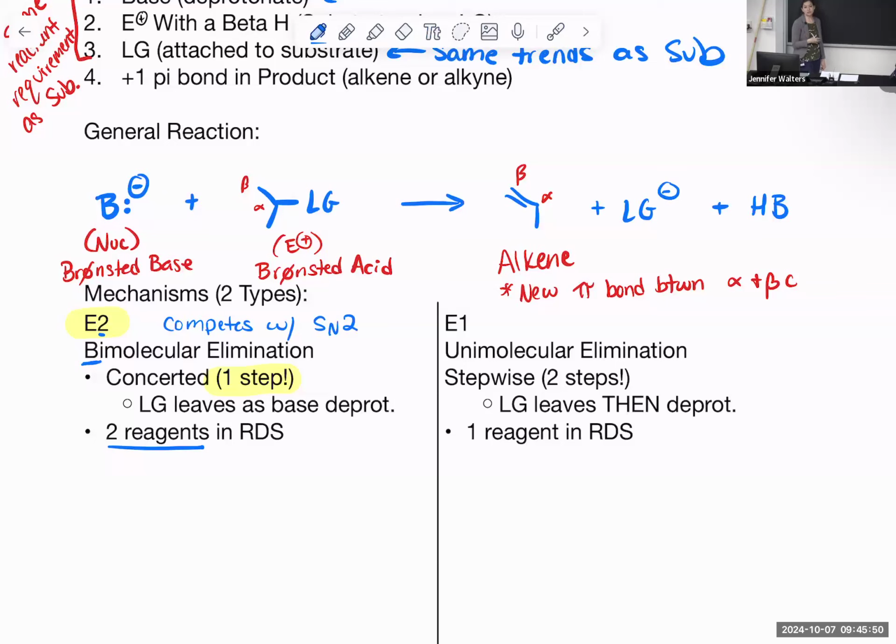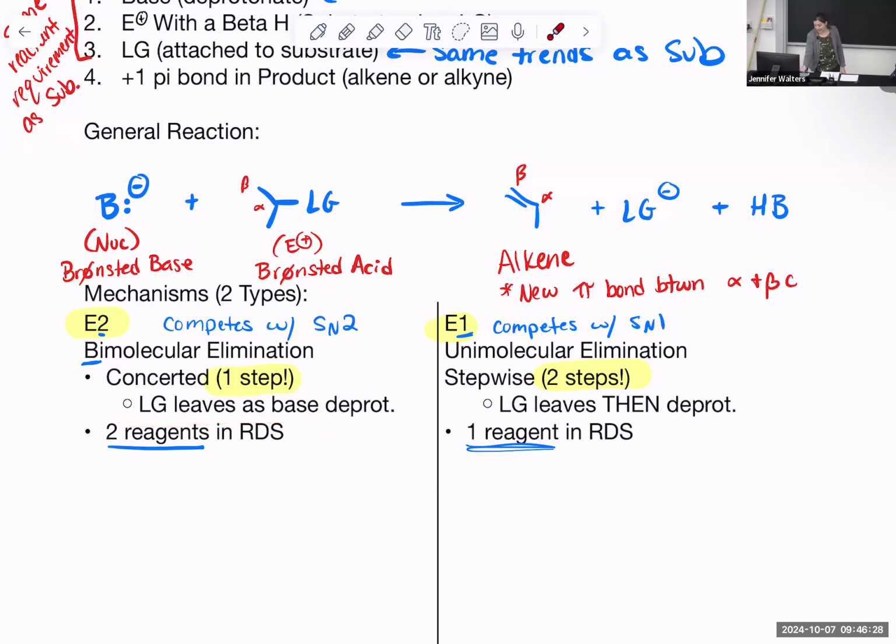E1 is similar to SN1, where it is going to be two steps. E1, two steps. It is stepwise. So it's that unimolecular because the one tells me that there is one reagent in my rate determining step. So what we're going to see is with E2, it is leaving group leaves as base deprotonates, just like how SN2 was leaving group leaves as nucleophile attacks.